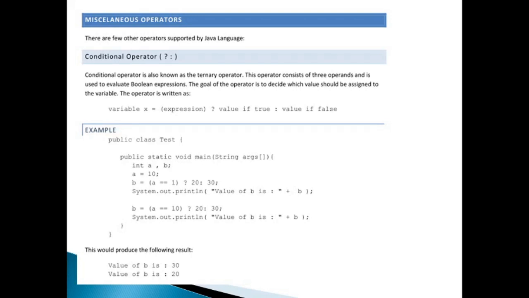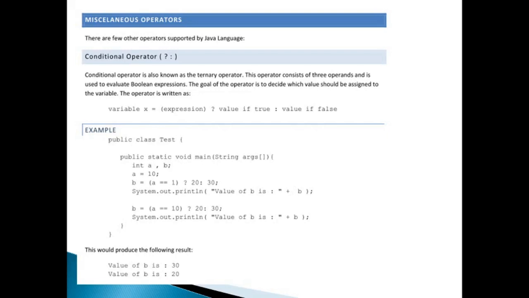What exactly is a conditional operator? It is capable of getting a conditional expression evaluated through it. The conditional operator is also known as a ternary operator. This operator consists of 3 operands and is used to evaluate Boolean expressions.